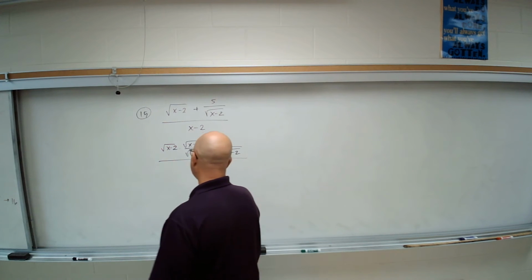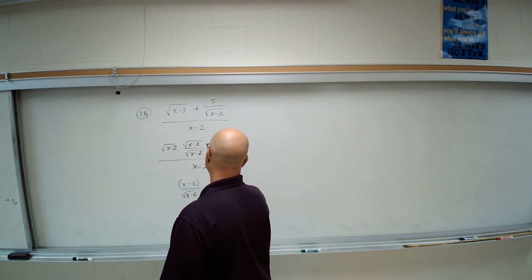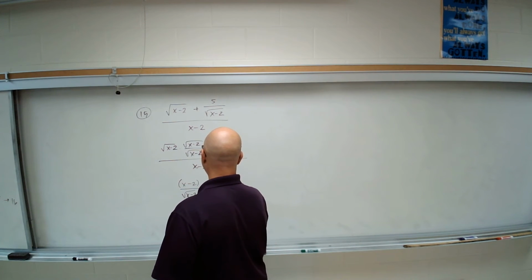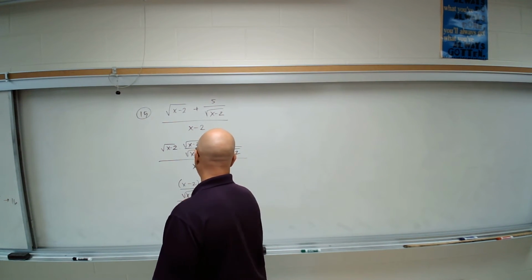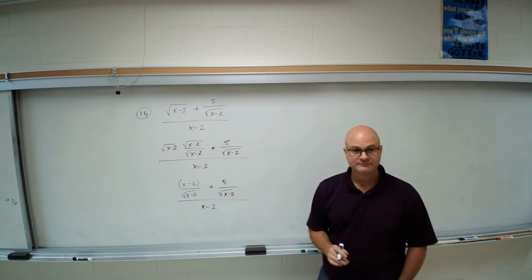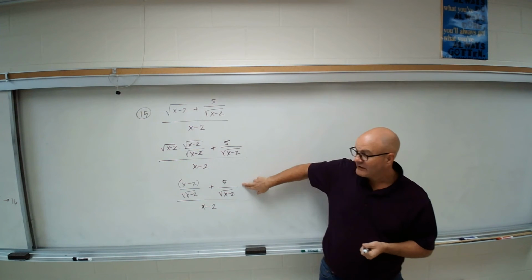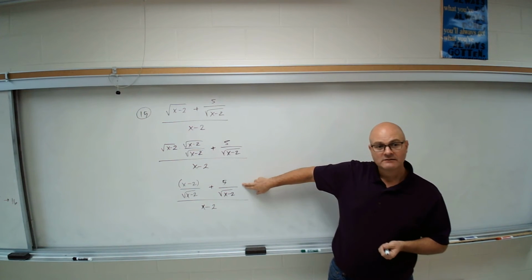So we'll do that. So x minus 2 over radical x minus 2 plus 5 over radical x minus 2 over x minus 2. So, now, up top we do have a common denominator, correct?